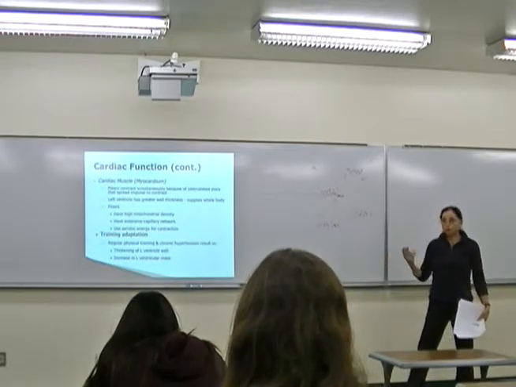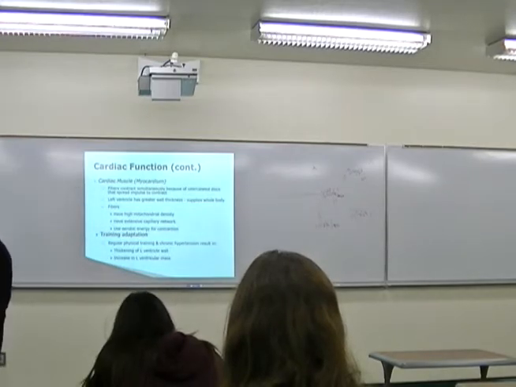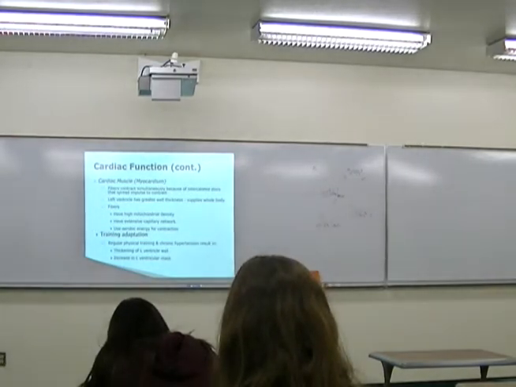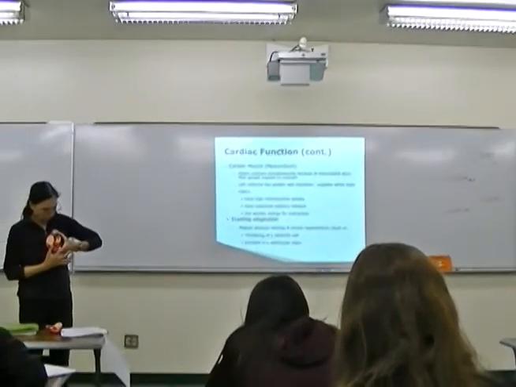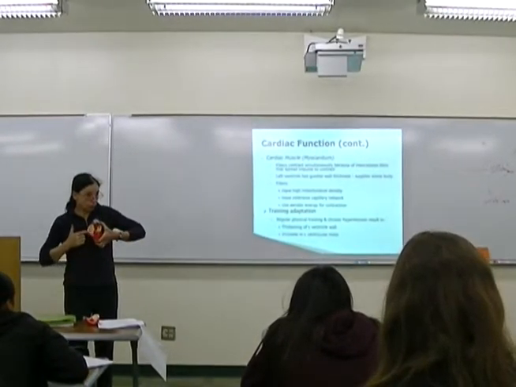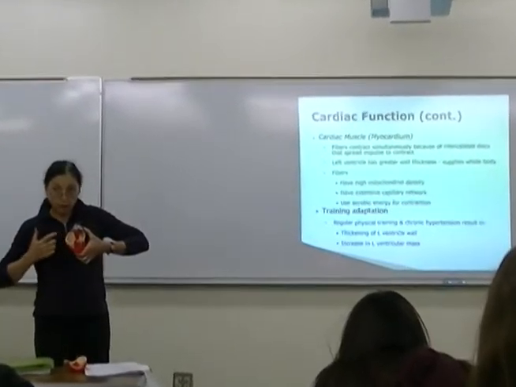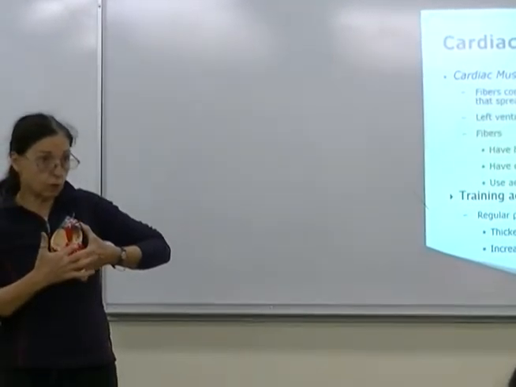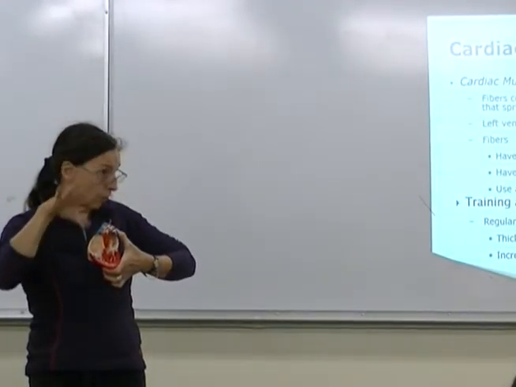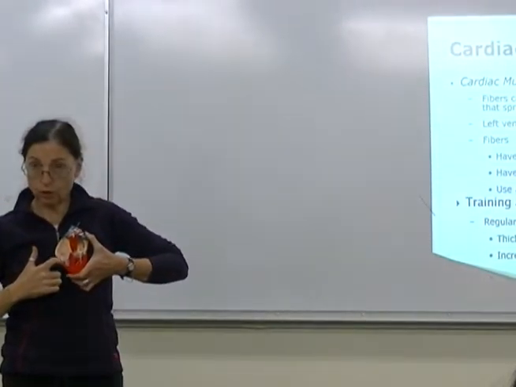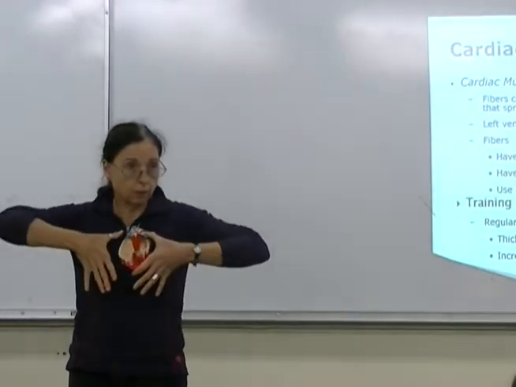The left ventricle, when you look at the heart, has a thicker wall than the right ventricle. Because of the job the left ventricle does, and that's why you have to know that pattern of blood flow. The right ventricle is responsible for sending blood to the lungs, which are right here.